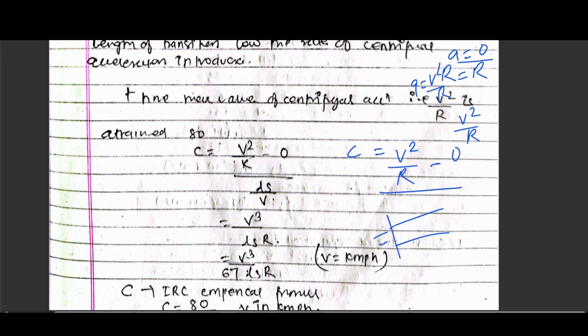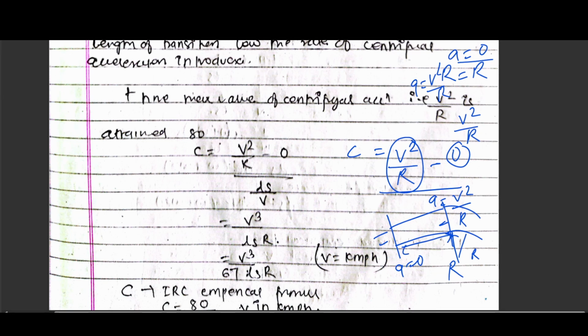This is the straight portion, so here the centrifugal acceleration is 0. After this the horizontal curve will be provided, so here it will have the desired value r. So the maximum value of centrifugal acceleration is v square by r, the minimum value is 0, and it is provided along the length of the transition curve.